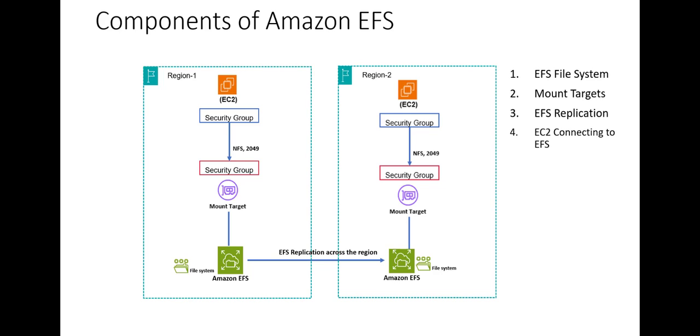So these are the components which work together to give you a scalable, elastic file storage system based on the NFS version 4 protocol. There's a very important thing I would like to call out here. My EC2 instance and mount target are behind two different security groups.